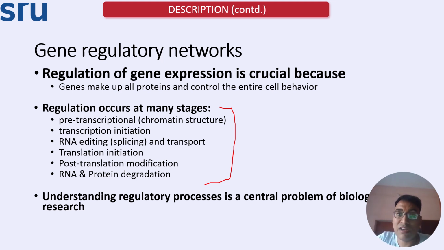But understanding the regulatory process is the central problem of biological research. How does the system control it, or how, under so many different enzymes, is the system able to precisely regulate the proper biomolecular production of different enzymes under different circumstances? And even if something is produced, how is it degraded after some time?